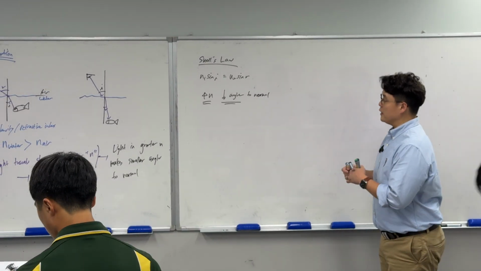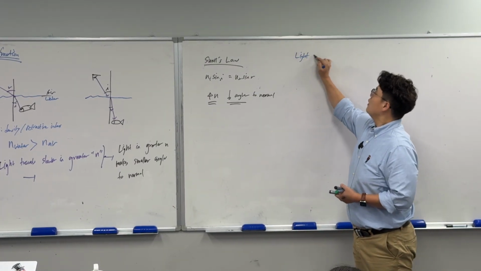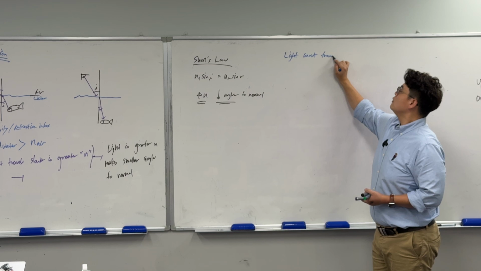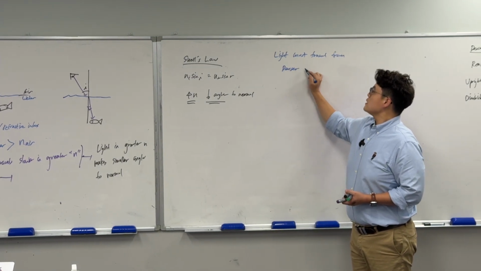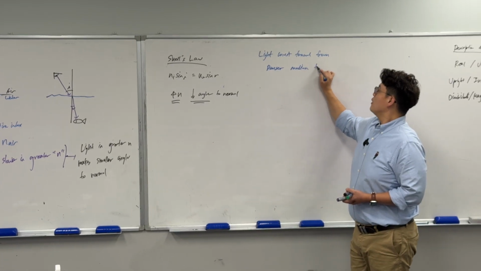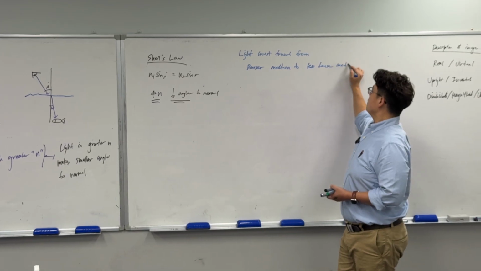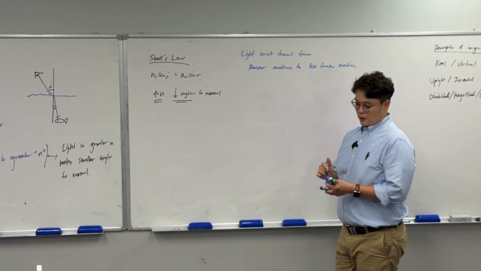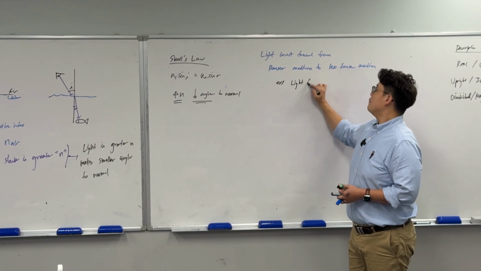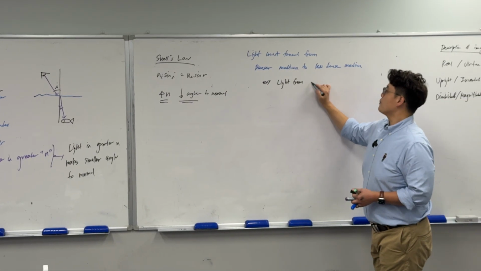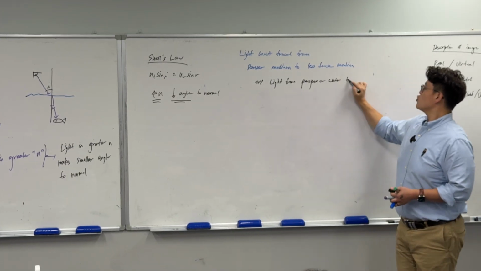So let's have a think about it here. For this kind of condition, you need to understand that light must travel from the dense medium to the less dense medium. For example, light from the perspex or the water to the air.